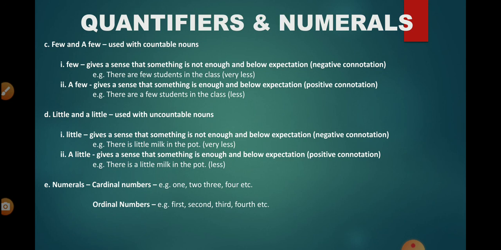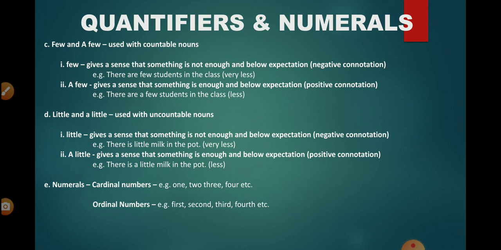And there is a little milk in the pot, ग्लास में काफ़ी कम दूध है. Means here the sense of a sentence doesn't become negative, it remains positive, however the meaning conveyed still gives us an idea that something is below expectation.